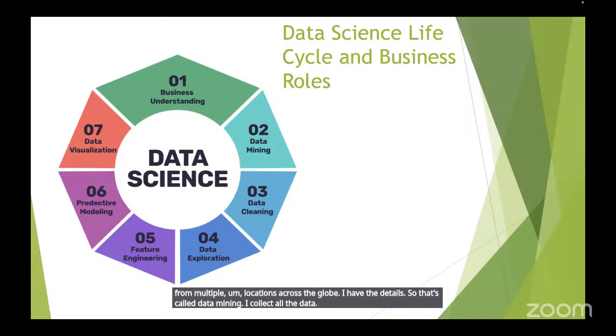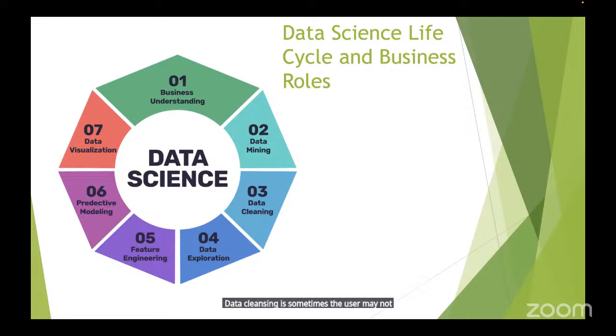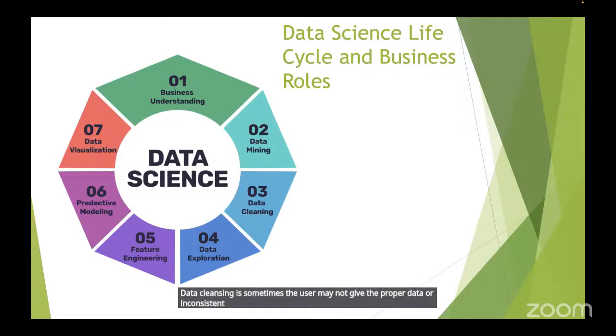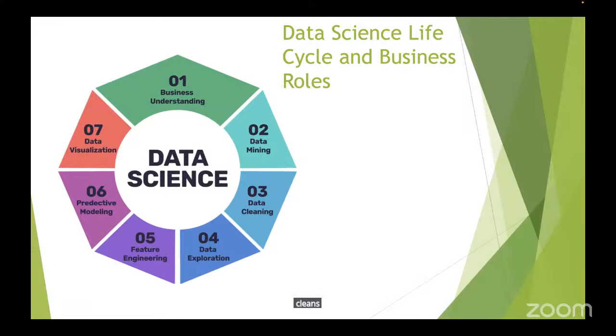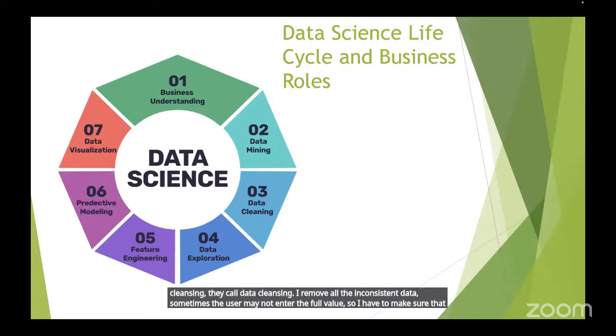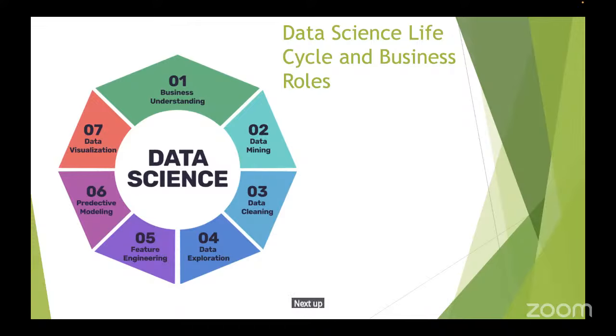Data cleansing: sometimes the user may not give proper or may give inconsistent data, sometimes not entering the full value. So I clean all the data, remove all the inconsistent data, and make sure I have clean and neat data to do the next step. The next step is data exploration.